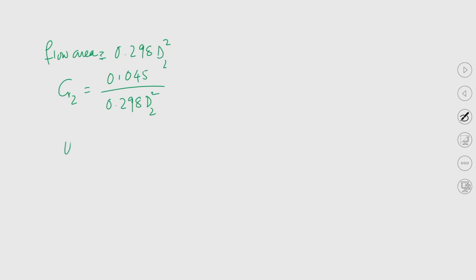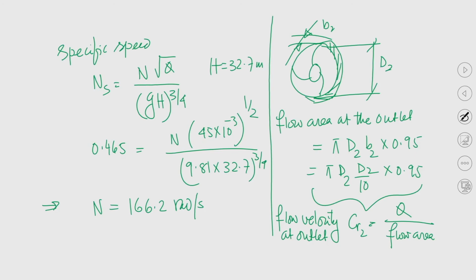Now, what about U2? U2 equal to R into omega, right. That is d2 by 2 into 166.2, which we have already calculated, that is the omega in radian per second.